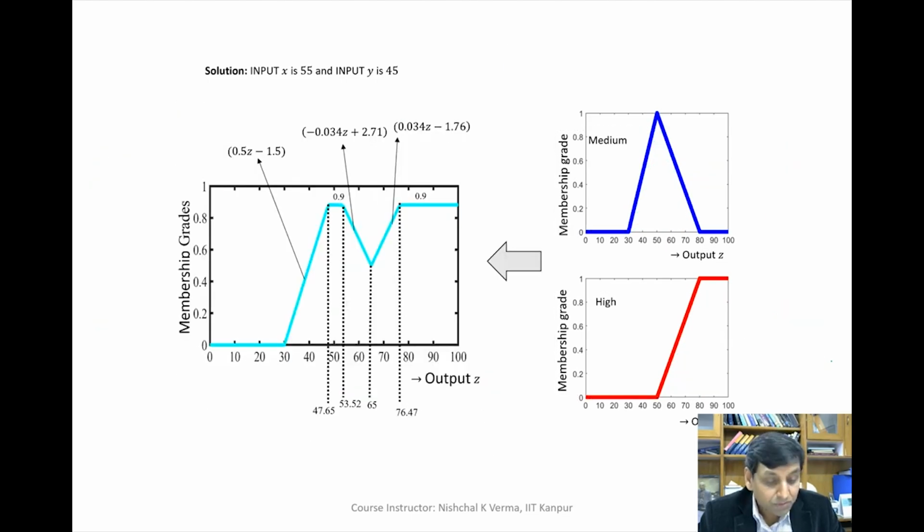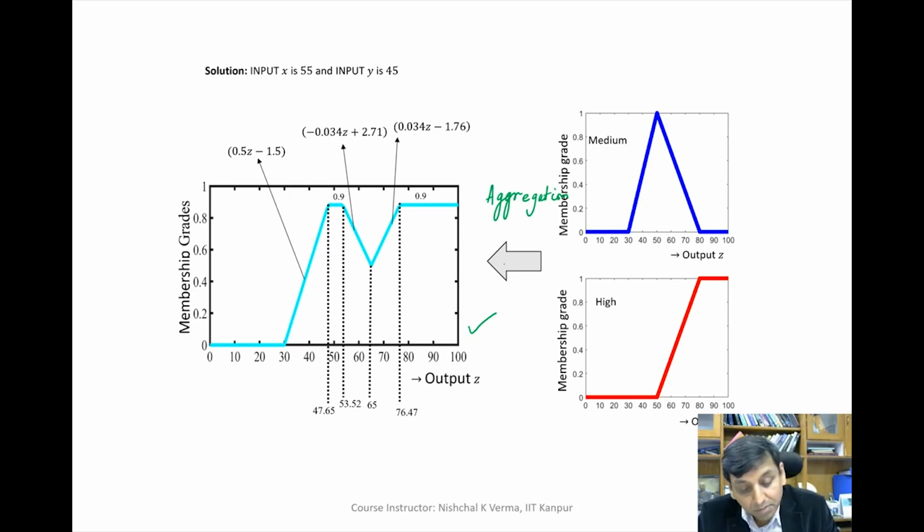these two rules, now further when we aggregate, I am writing here the aggregation of the outputs, and what we do here is we take the max of the two.